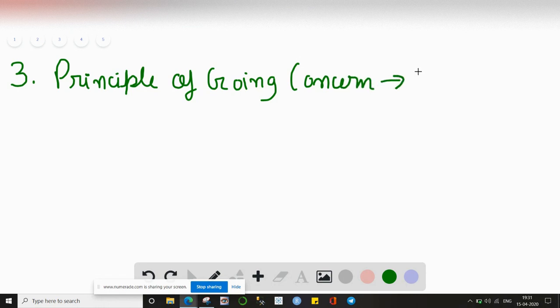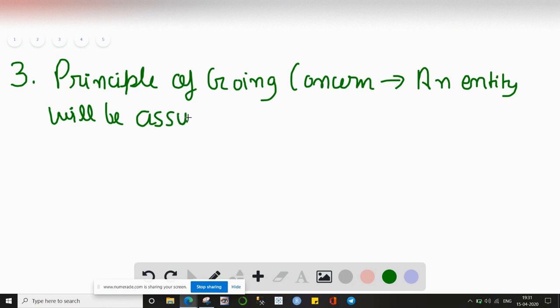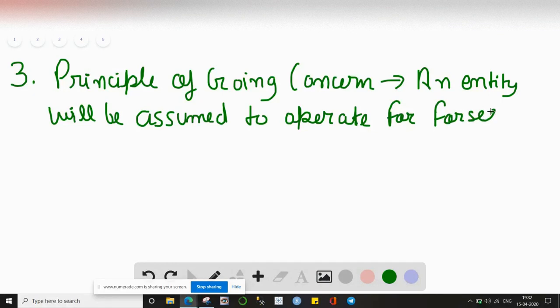The principle of going concern says an entity will be assumed to operate for the foreseeable future.